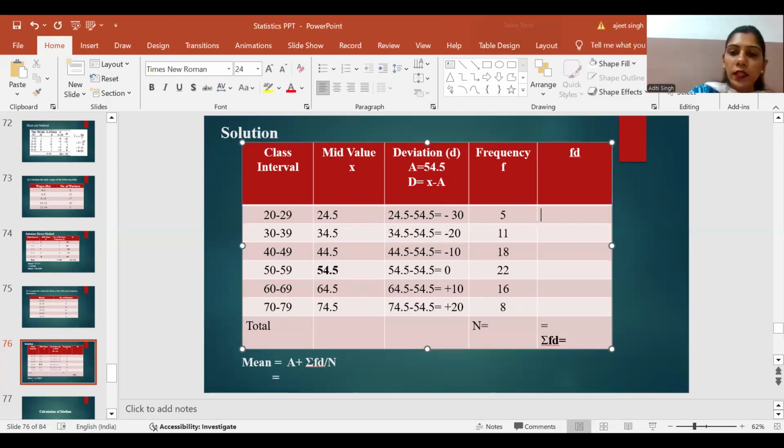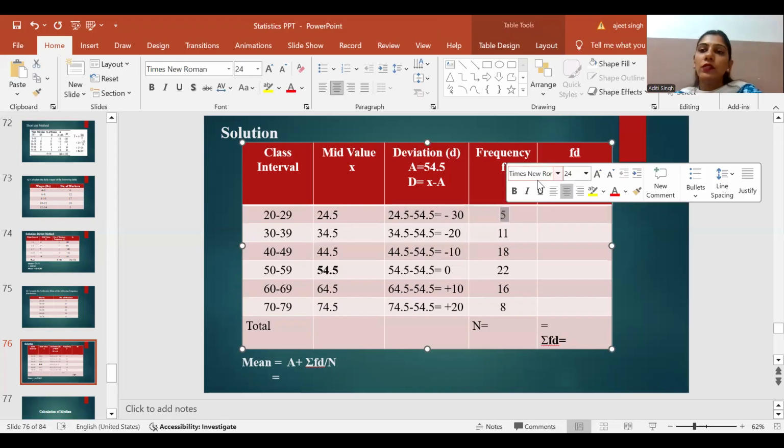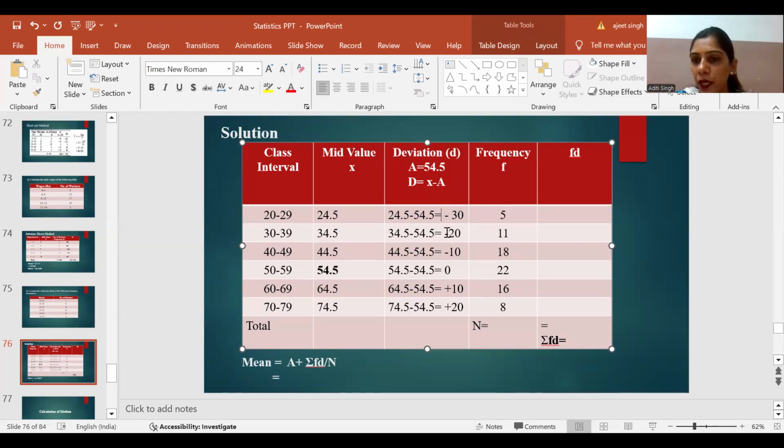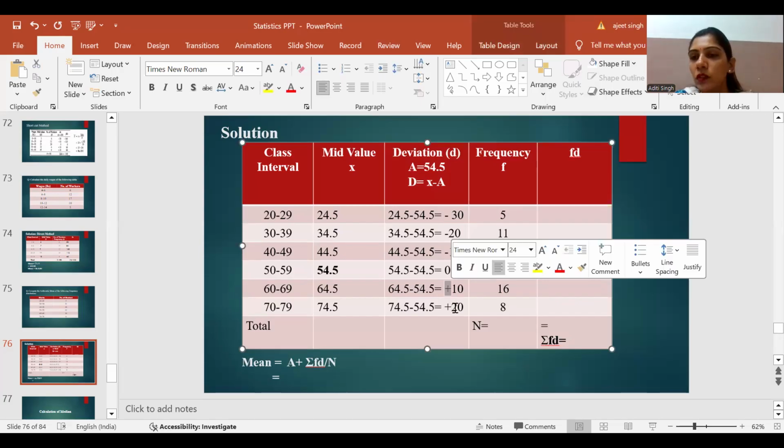So now let's calculate the value of f and d. What we have to do is multiply the value of d with the f. Remember one thing, as we have calculated the value of d, there are some negative signs, subtraction signs, and there are some plus signs, positive signs.